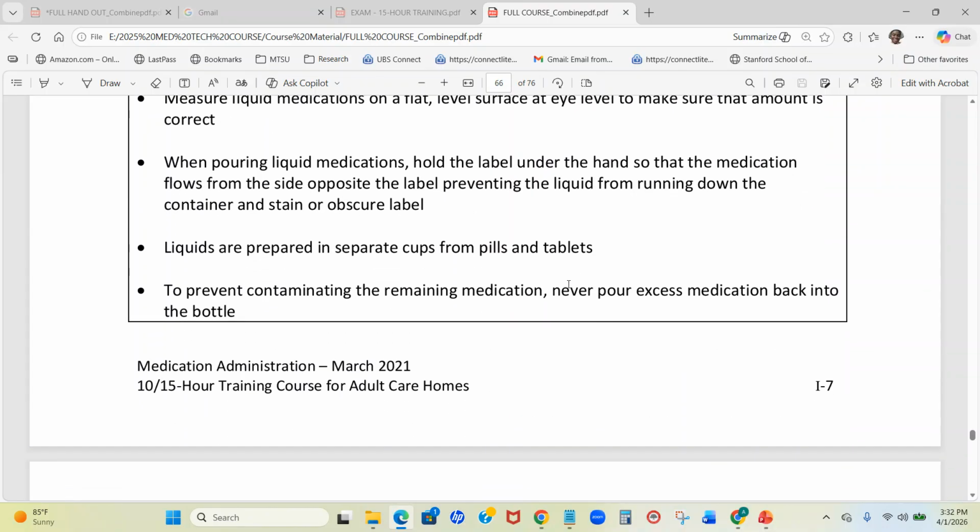When pouring liquid medication, hold the label under the hand so that the medication flows from the side opposite the label, preventing the liquid from running down the container and staining or obscuring the label.